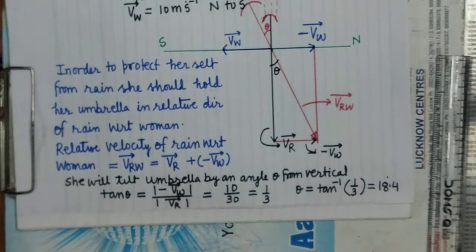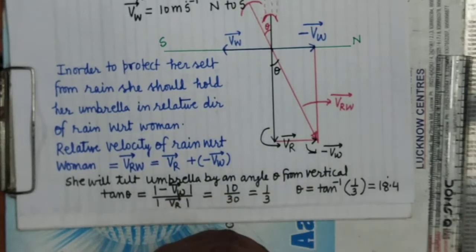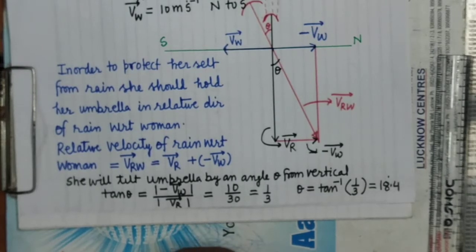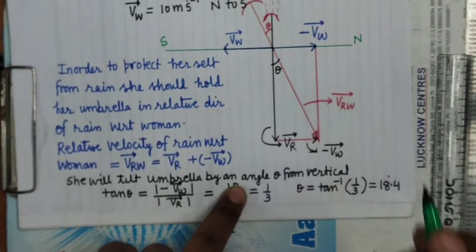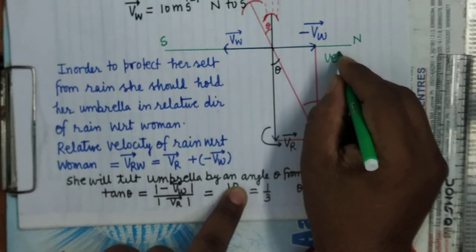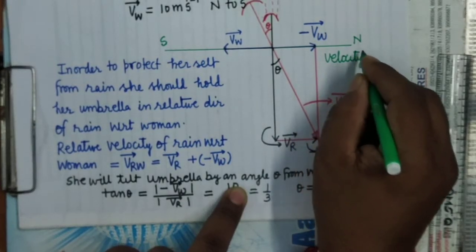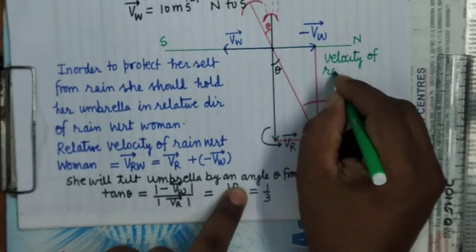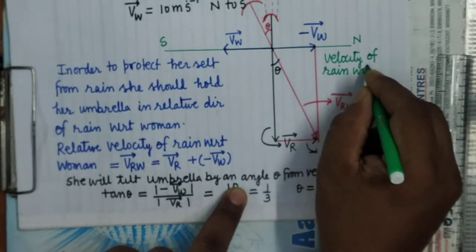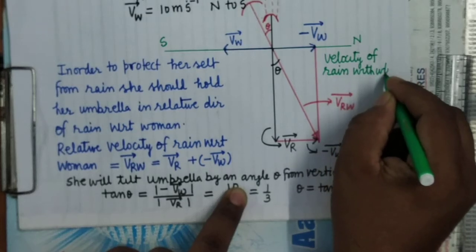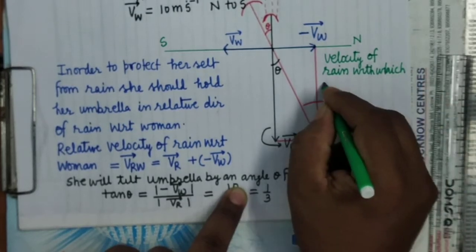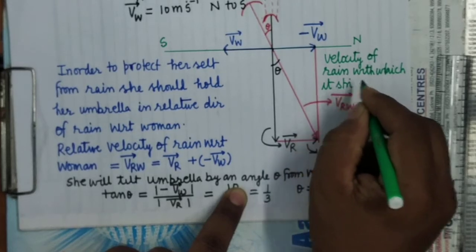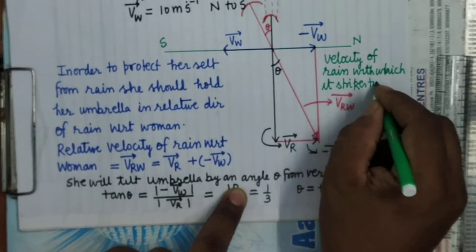Now if in the question it is asked what is the velocity of the rain with which it strikes the umbrella, how will you calculate? So the velocity will be VRW, the velocity of rain with which it strikes the umbrella.